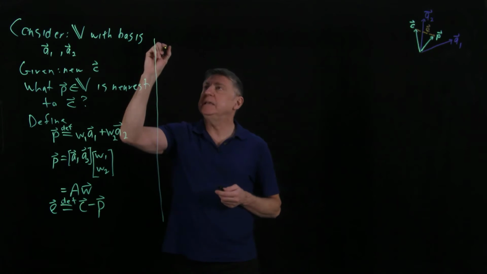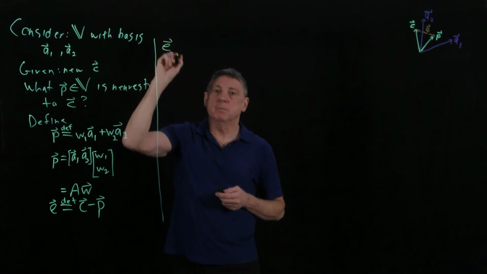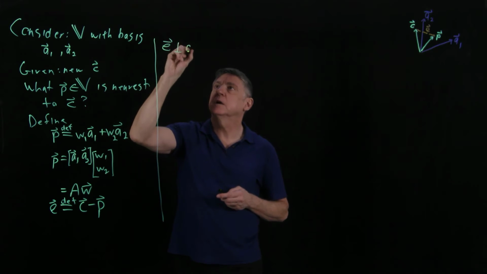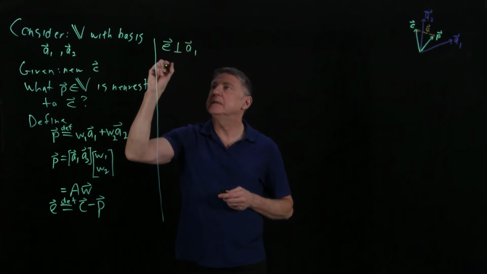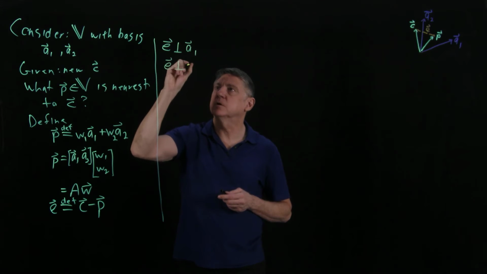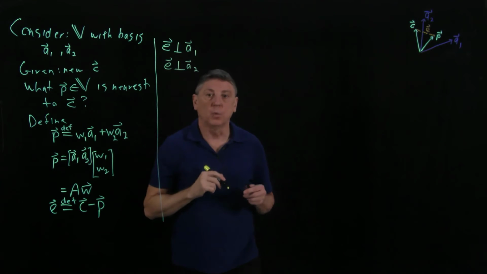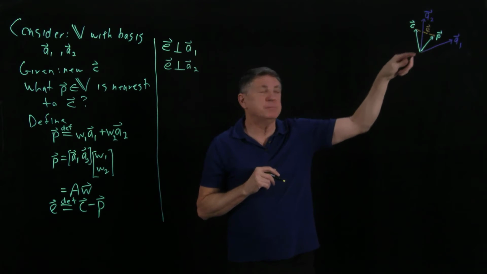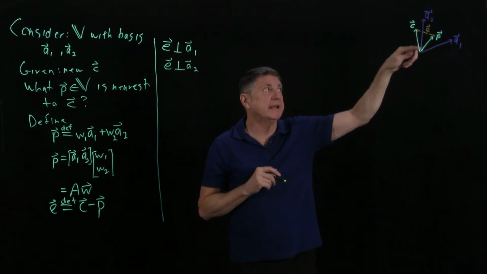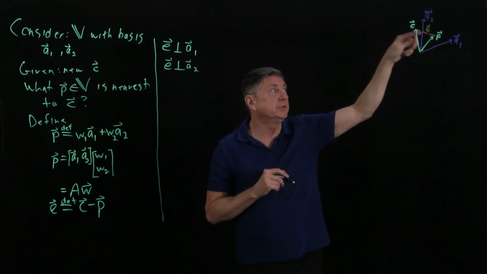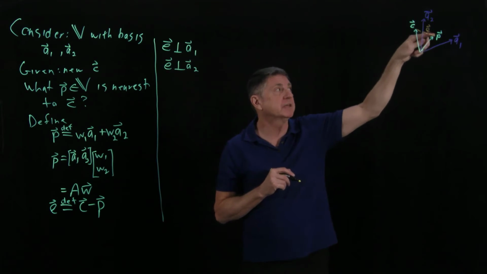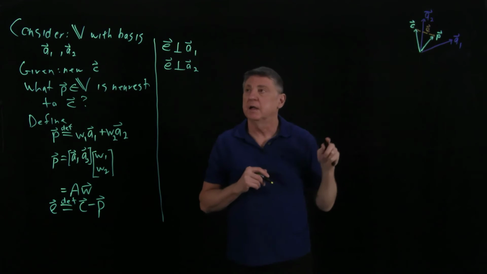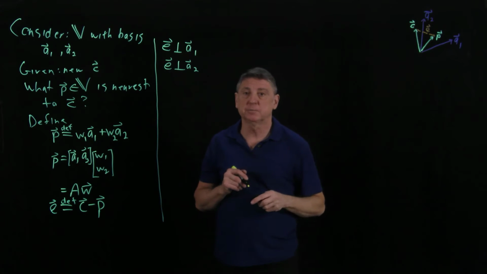E must be orthogonal to vector A1, and E must be orthogonal to vector A2. Why? Because if it wasn't orthogonal, then it would have a longer length, right? So what we're basically doing is arguing geometrically that if I vary E around, I'll find out that it has to be perpendicular to both.